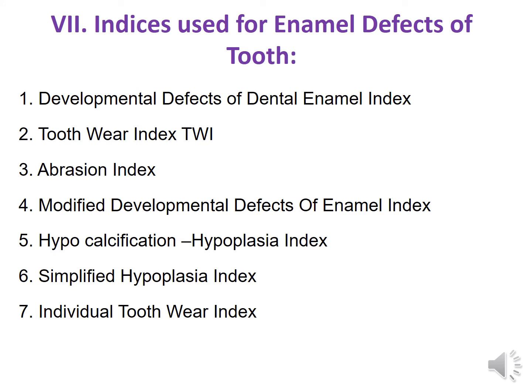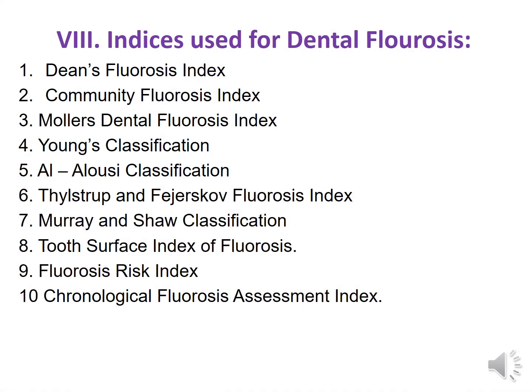Okay. 7. We have these indices used for enamel defects of tooth. We have developmental defects of dental enamel index, tooth wear index, TWI, abrasion index, modified developmental defects of enamel index, hypocalcification or hypoplasia index, simplified hypoplasia index, and individual tooth wear index. The 8th one, we have indices used for dental fluorosis.